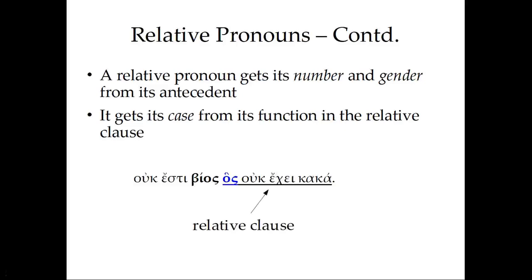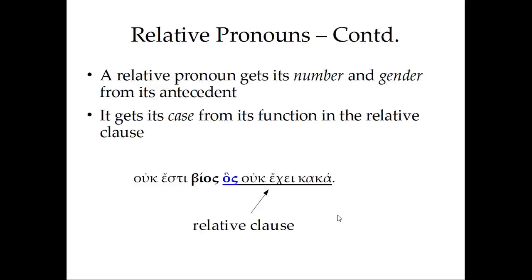So this is the relative clause, of course, the part of the sentence that starts with the relative pronoun and extends to the full statement that we're making. And we get the case of the relative pronoun from its function in this relative clause. And its function, we want to say, that does not have ills.